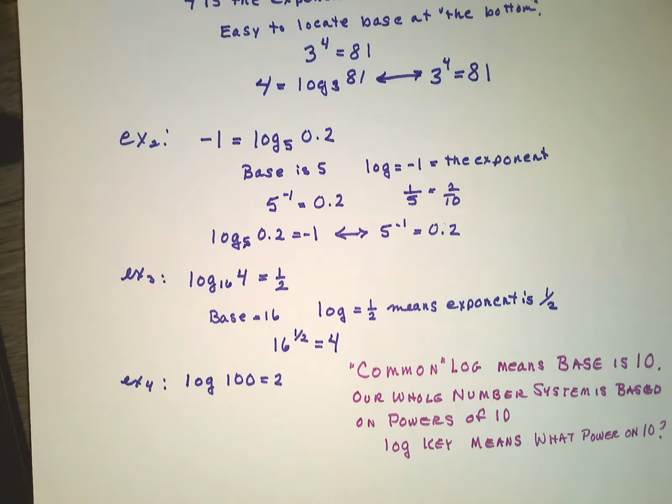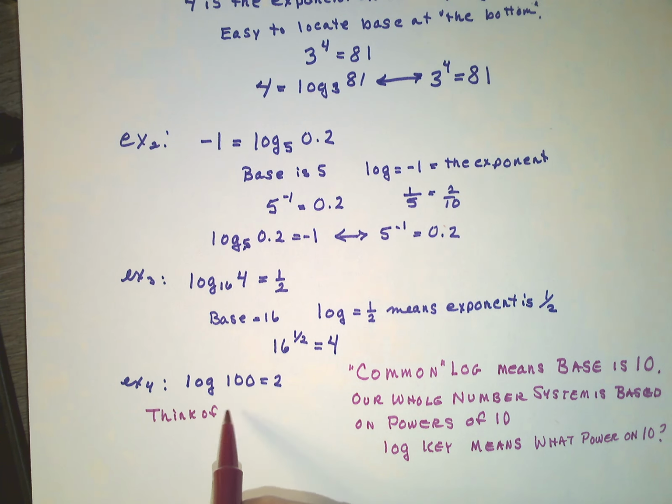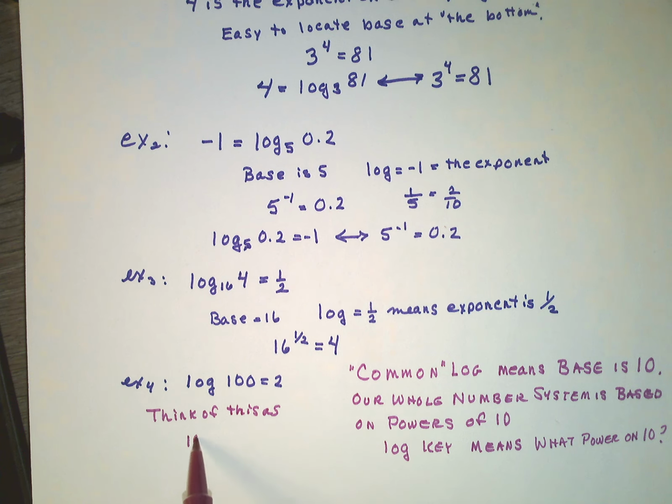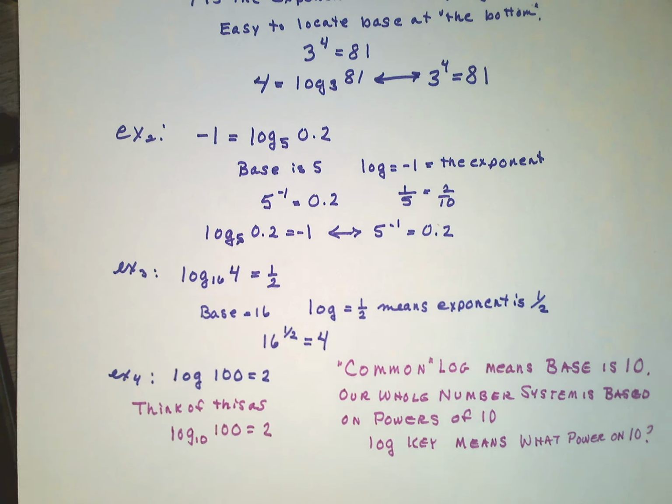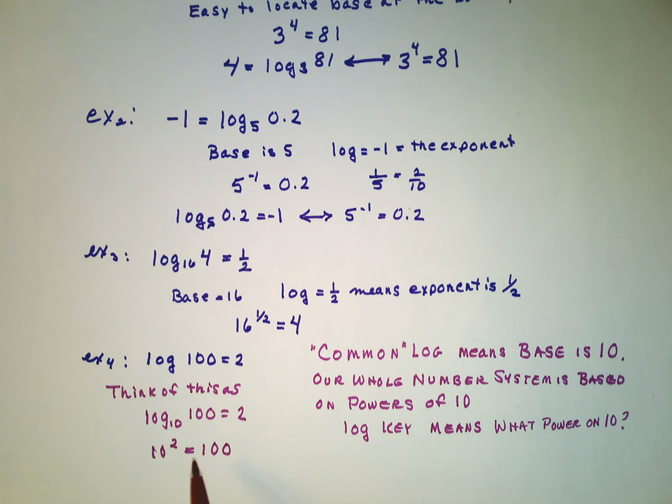So we could think of this as log base 10 on 100 equals 2. And when we translate this into exponential form, we have a base of 10, the log is the exponent, and 10 to the second power, the answer to the multiplication, is 100.